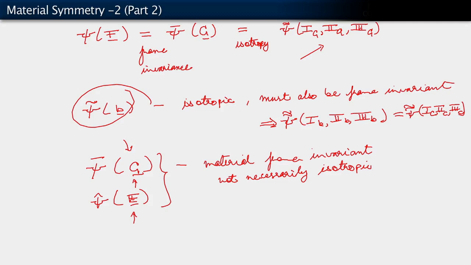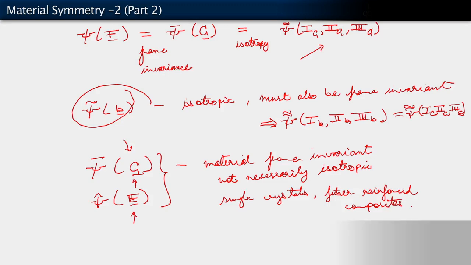For general materials, which are single crystals or more, and anything that actually reflects crystallographic structure, or fiber reinforced composites, all of these can be general functions of C or E. And then, of course, the question of how good a model it is for the particular composite or the particular crystal we are trying to model depends upon how well we pick these functions of E or C. All right, so we better end this segment here.